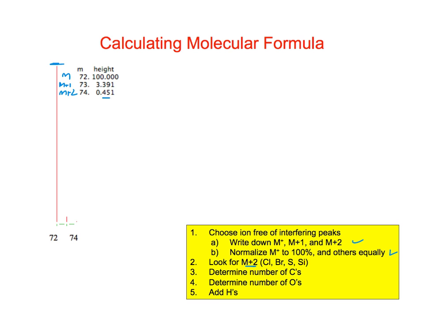Yeah, it's right here. So we look down at those M+2 elements, and we see what we could fit in there. Chlorine, bromine, sulfur, silicon. Will any of those fit? So we look at A+2 on table 2.1.